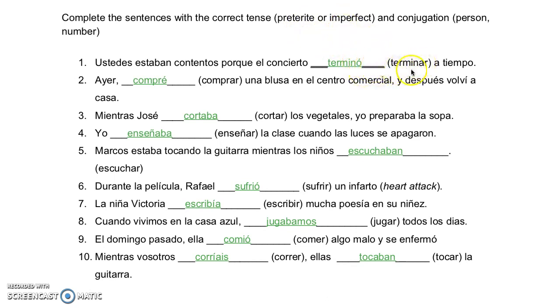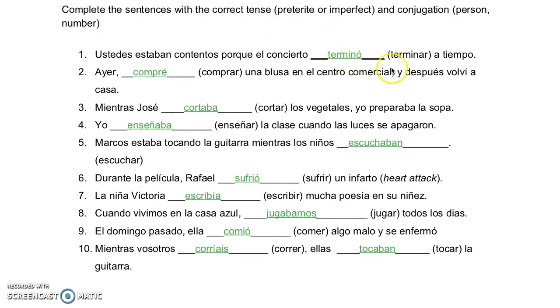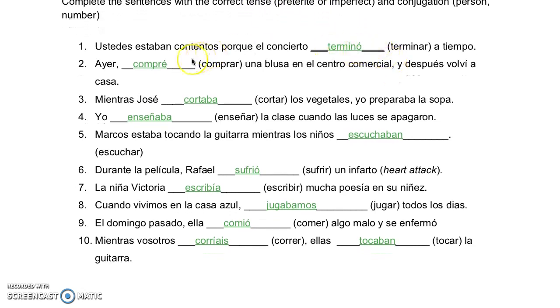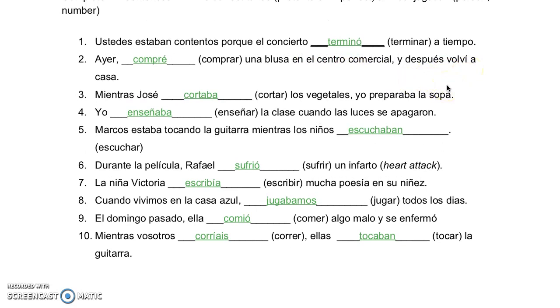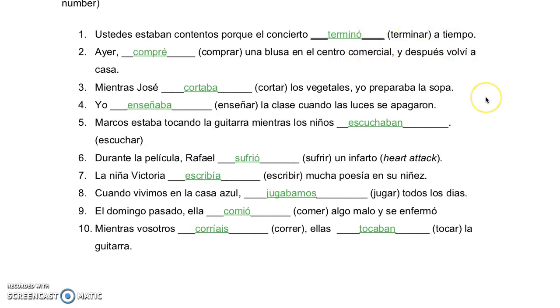As you can see, terminar, you can see termin, but there's always going to be a different ending depending on who the person is and how many people there are. So there's where computational thinking comes in here, because there's a structure in the roots and the endings here.